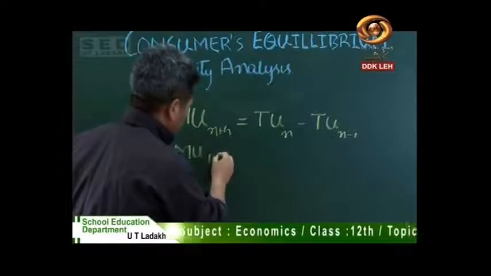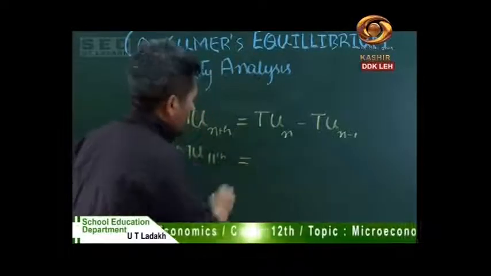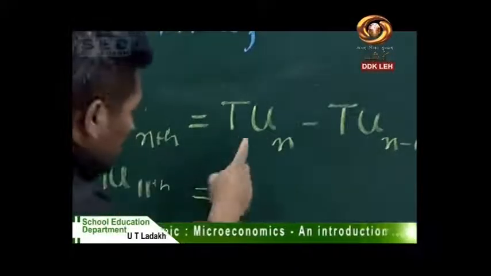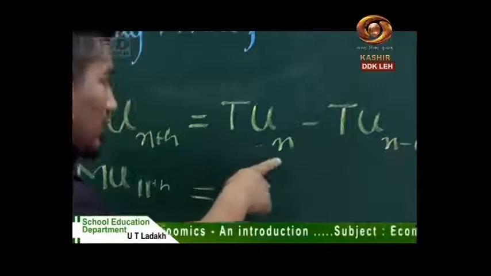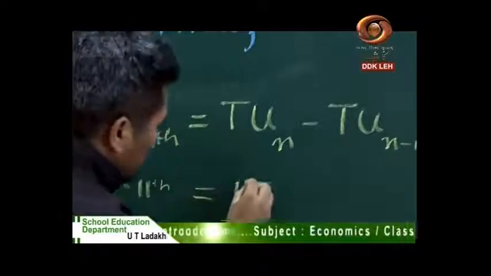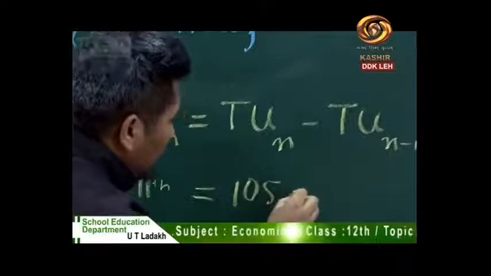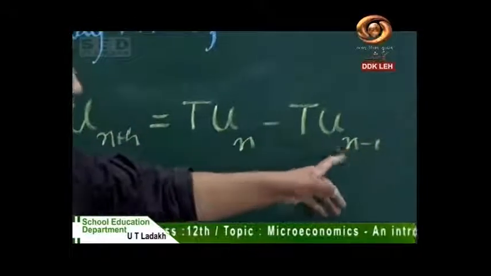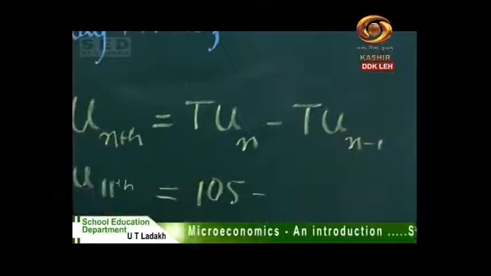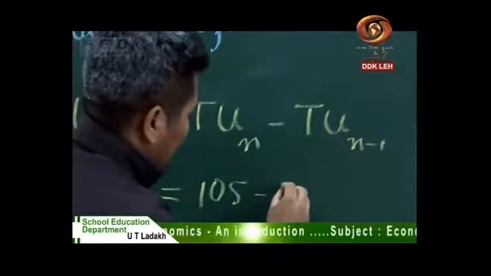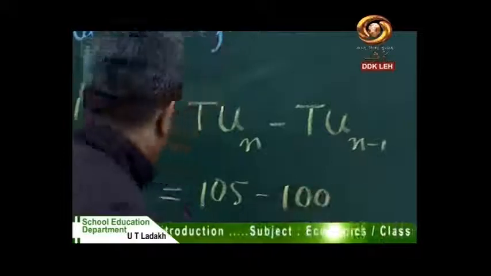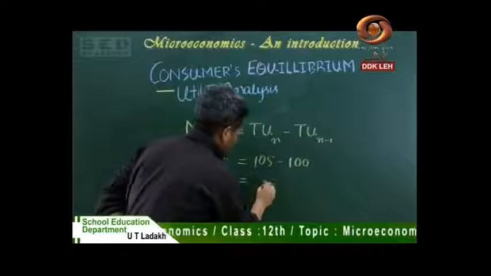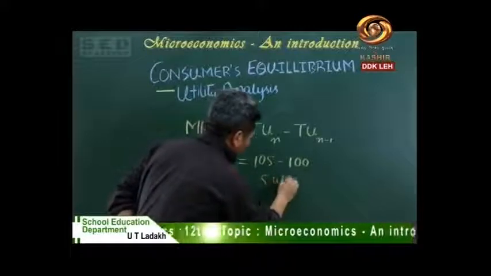Total utility of n units means the total utility of 11 units, which was 105, minus the total utility of n minus 1, which means the total utility of 10 units, which was 100. Therefore, the marginal utility of the 11th unit will be equal to 5 utils.